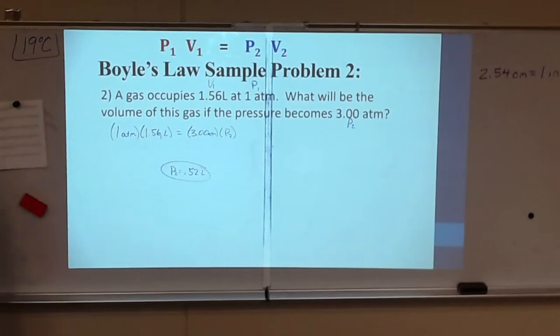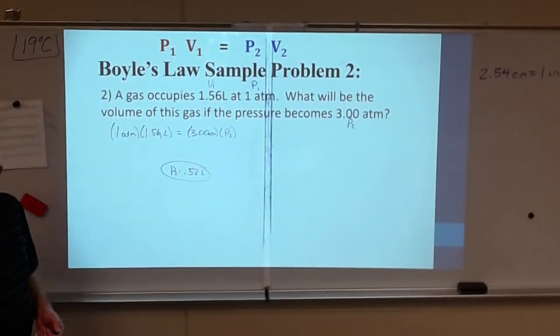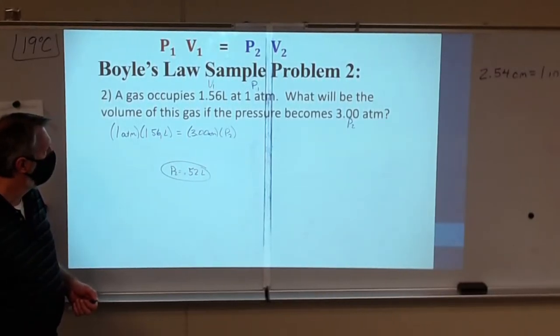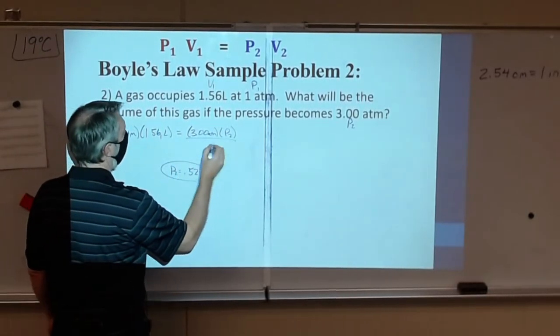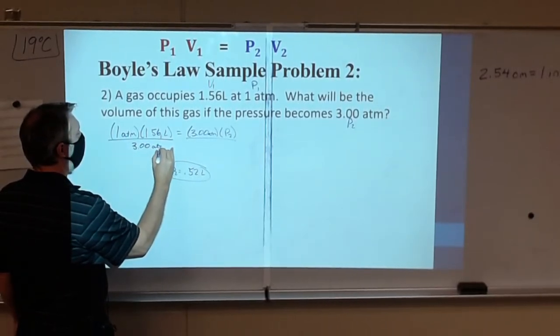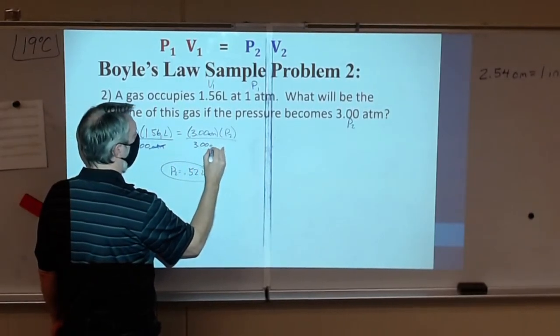Hopefully everybody else got that right. 0.52 liters. Fantastic. What did you get? Divide 1.56 by 3. Yeah, so in this case I'm going to divide, we're just doing algebra here. 3.00 ATM, and then 3.00.